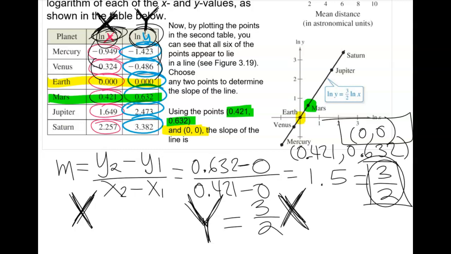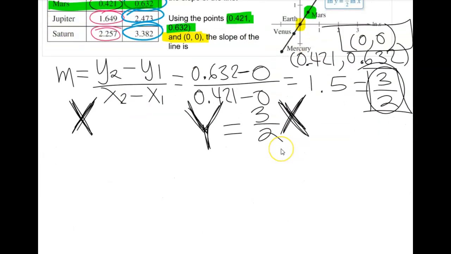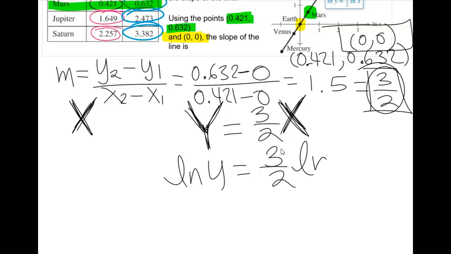And if we substitute x and y with the expressions that we have up here, it will turn to be ln of y is equal to 3/2 of ln of x. And that's it. That will be the end of the problem.